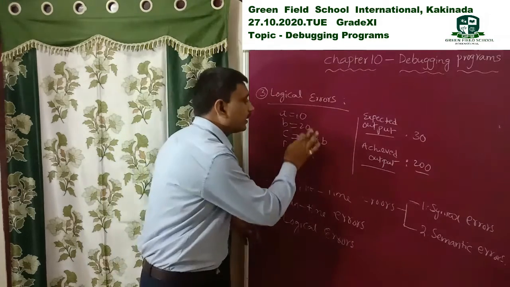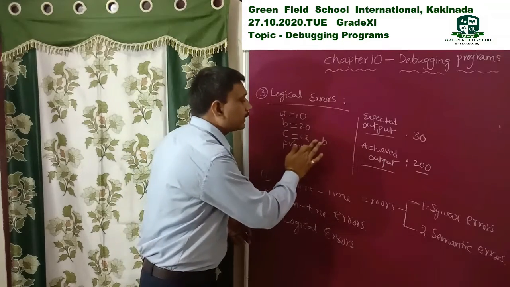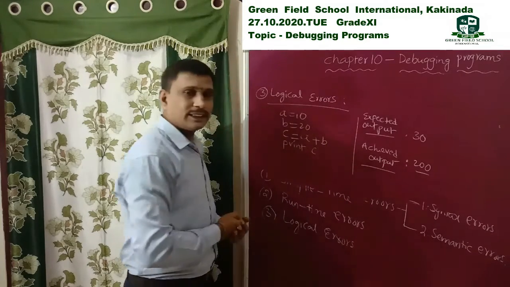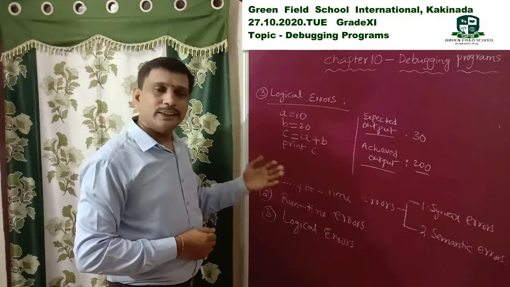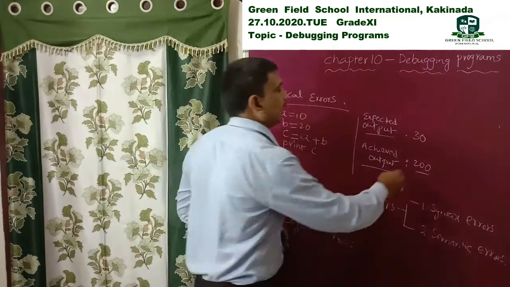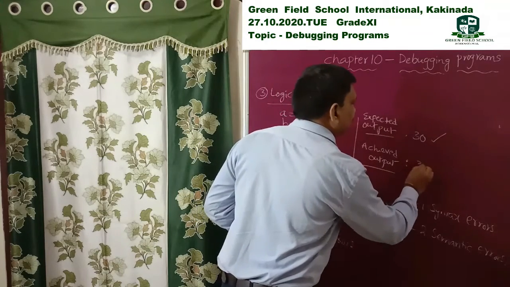So first we scan each and every statement of this code, then we rectify or change this value, compile this code again and execute it. It displays the expected output 30, and the achieved output is 30.